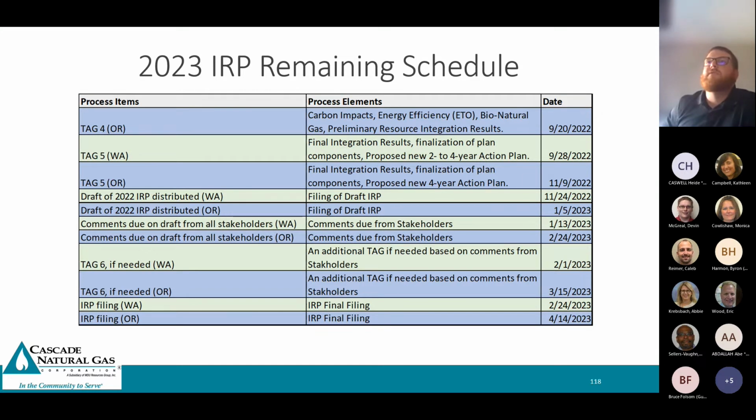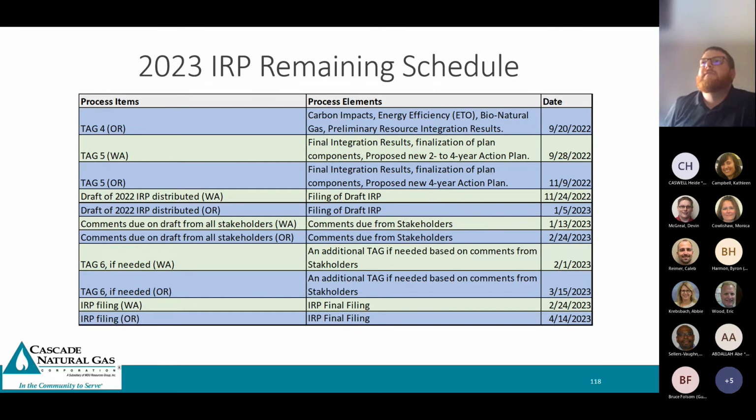The next presentation will be covering much of the same. The carbon impacts will be focused on the CPP plan. Energy efficiency, we'll have a presentation from ETO. There will be some RNG information again, and then distribution system planning, Oregon projects, and then some preliminary results.